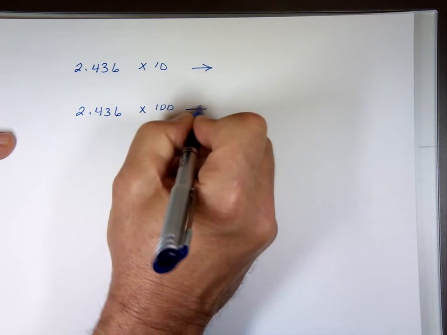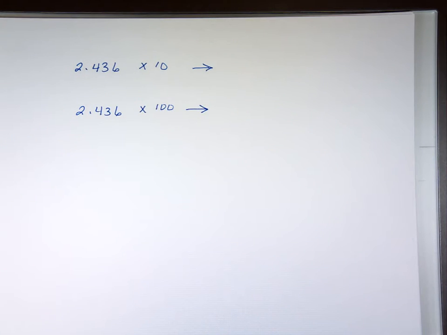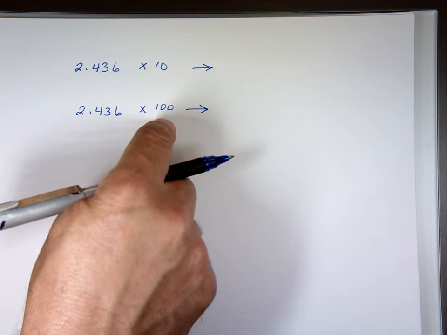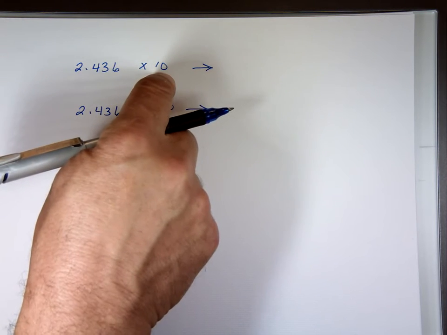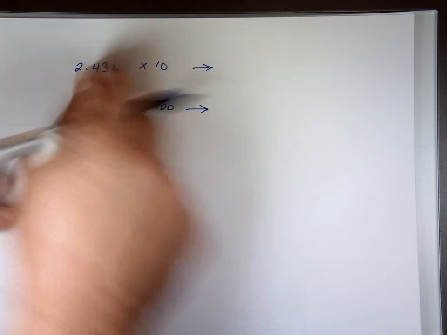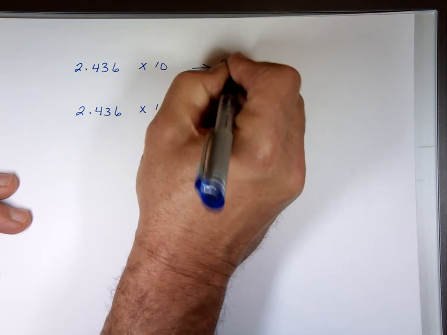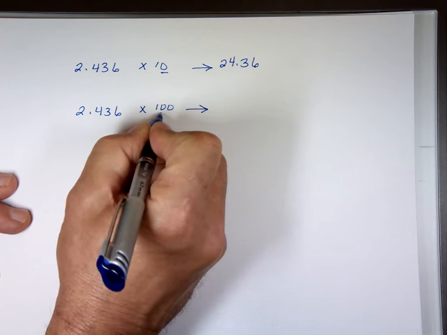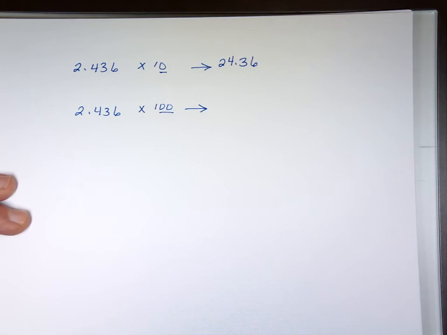When you multiply? To the right. How many places? With 1 zero, you move it 1 place. That becomes what? 24.36. Because there's only 1 zero. 2 zeros, you have to move it how many places? 2 places.